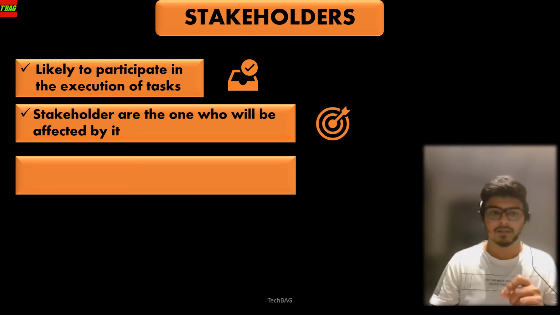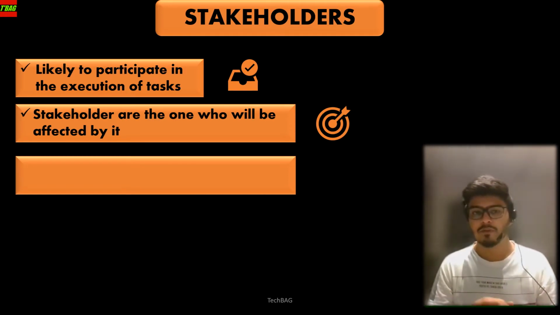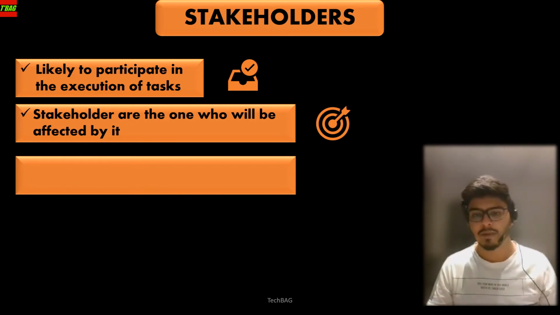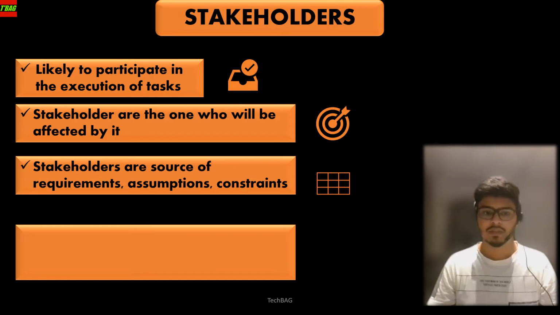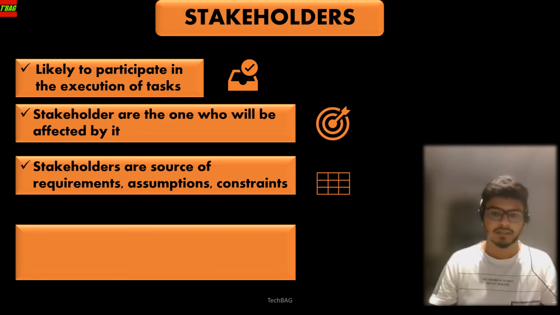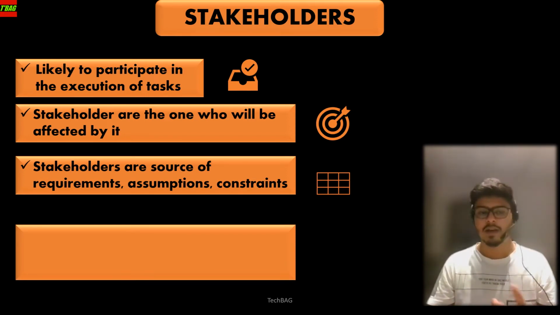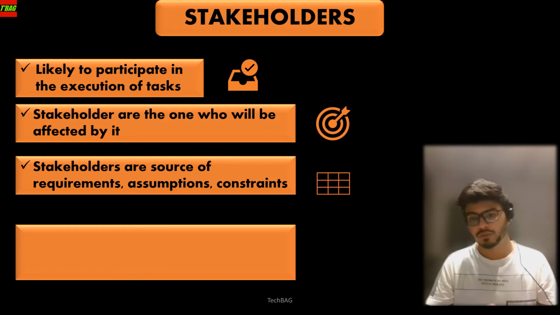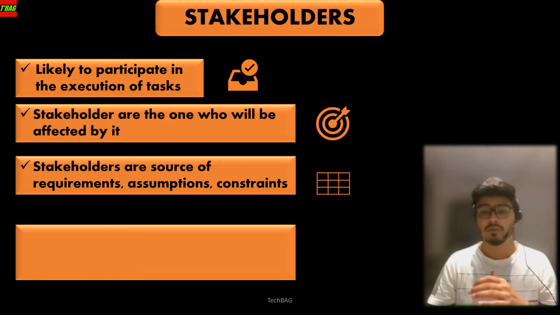Some of the things that are affected for a stakeholder: whenever a task is being performed, those task changes are directly affected by or for the stakeholders. Some of the important things that we can capture from the stakeholder are requirements, assumptions, and constraints. These are the three main important things or sources which we are trying to fetch from stakeholders.